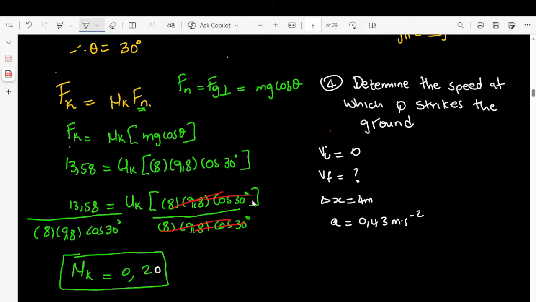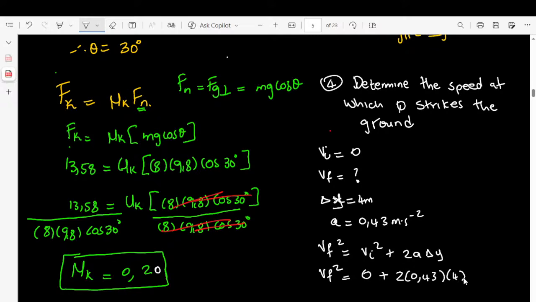So now the formula, the best formula that we can use, is V final squared is equal to V initial squared plus 2A delta Y. I'm not going to say delta X but delta Y. So if we substitute, VF squared is equal to initial, which is 0, plus 2 into the acceleration, which is 0.43, and delta Y is 4.